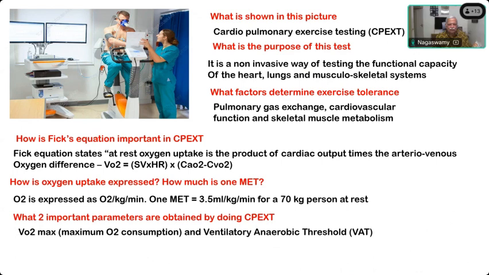Maximum oxygen consumption and ventilatory anaerobic threshold are the two parameters. So maximum how much oxygen a person can consume, for how many minutes you can use it, then the ventilatory anaerobic threshold. That is about 11 to 12 ml per kg per minute. Beyond that, the patient will go in for anaerobic metabolism. It's called the anaerobic threshold.